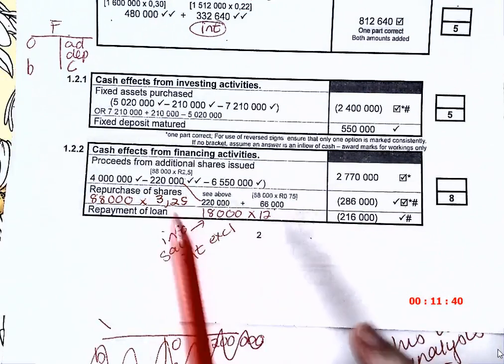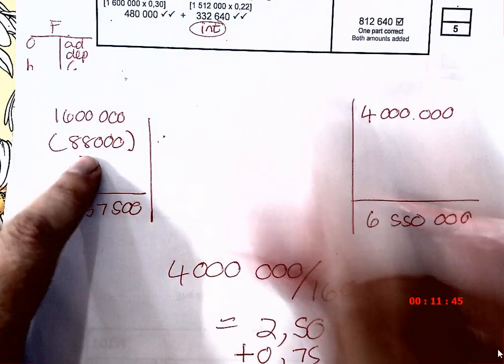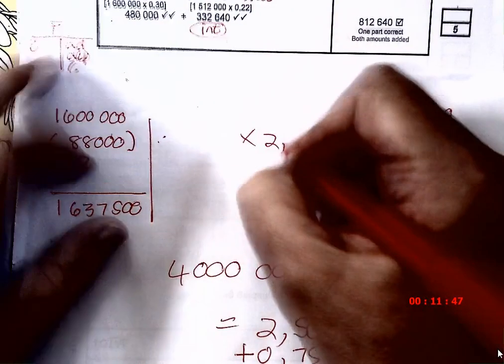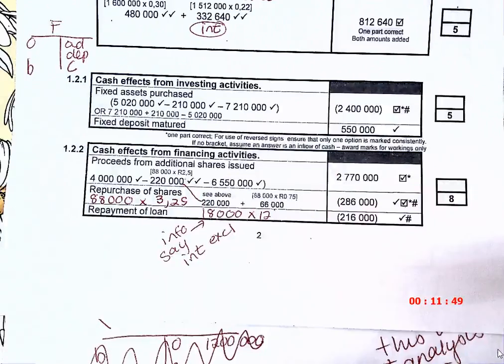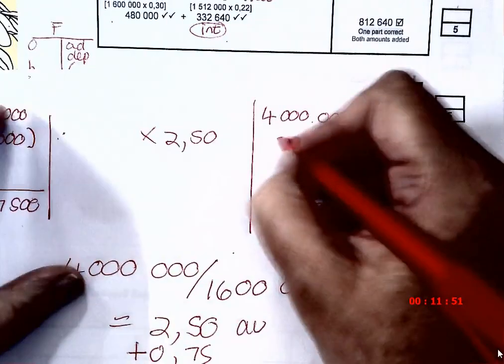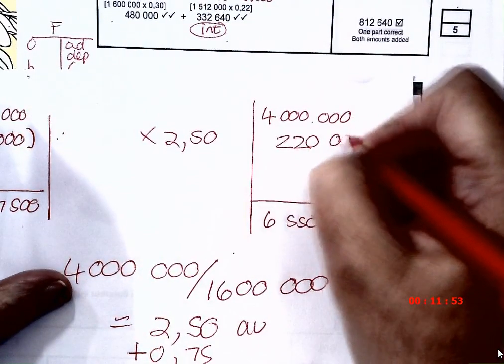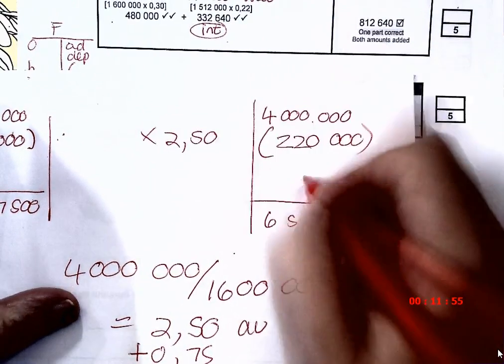Now, that 88, I'm going to times with R2.50, and then I can see it gives me 220. And now I'm just going to reverse to get what was issued.